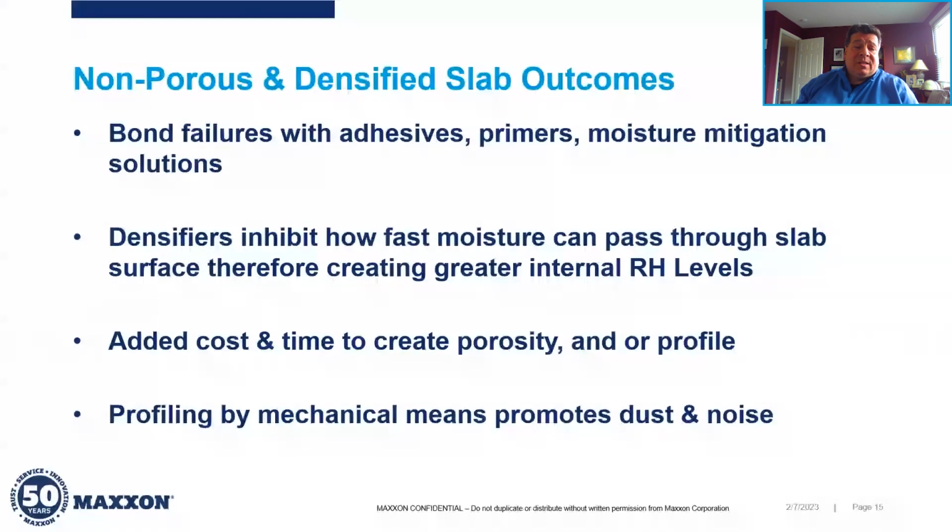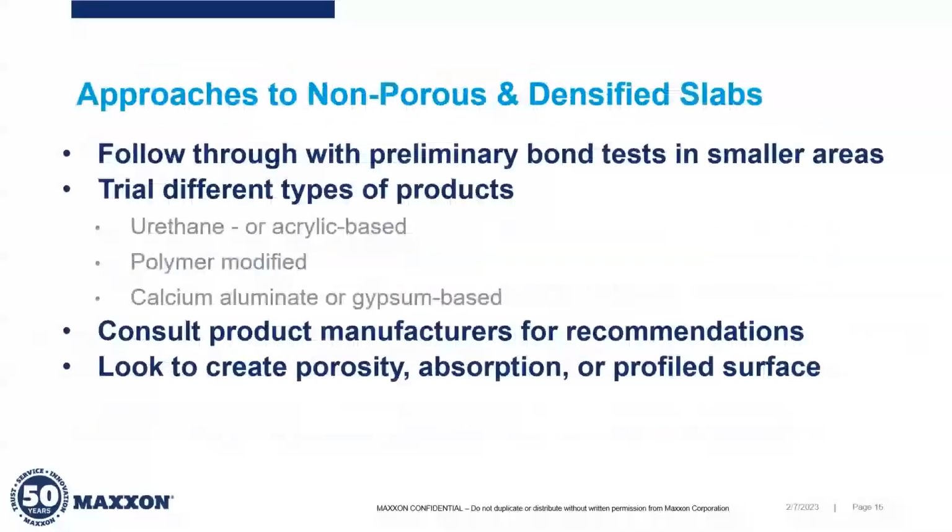What's required next is to create some sort of porosity, either through grinding or some sort of surface profiling. And then once you choose to mechanically profile, you've got to deal with what comes from that, which is the promotion of dust and noise. So traditionally, when we talk about dealing with a non-porous slab, if we were going to follow through with an application of floor covering at this point, there are some things we need to consider, right?